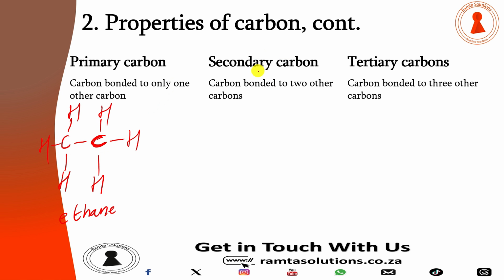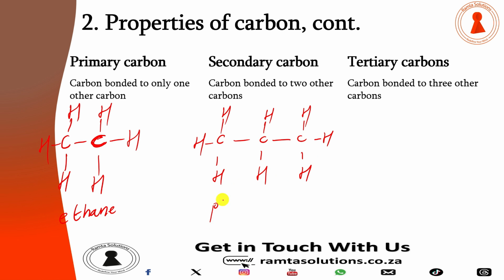Now let's look at secondary. A secondary carbon is bonded to two other carbons. So I'm going to highlight whichever is secondary. Look at this one here. This one, we call propane.